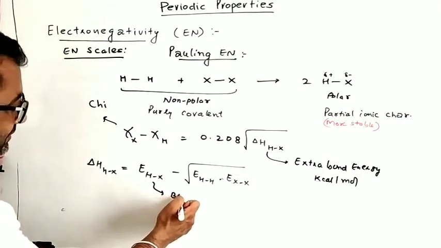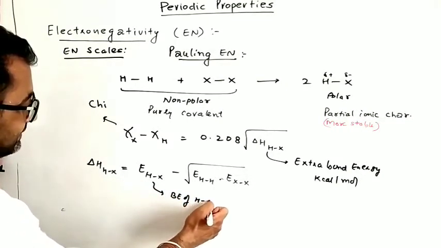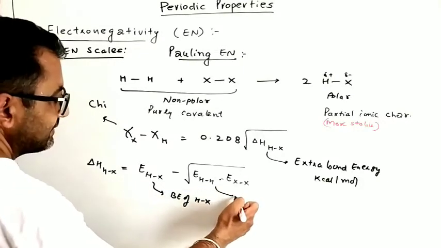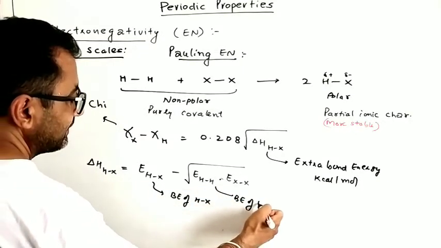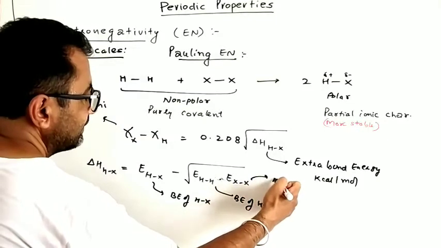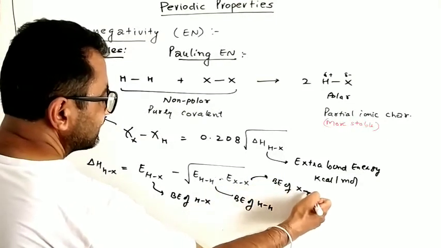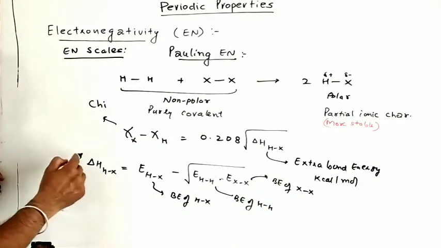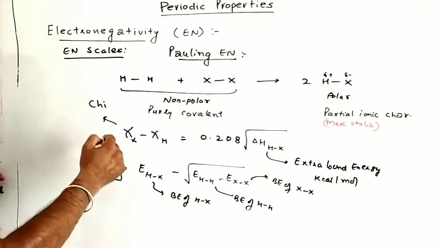This is the bond energy of HX, this is the bond energy of HH, and this is the bond energy of XX. So it can be calculated like this, and is used in this formula.